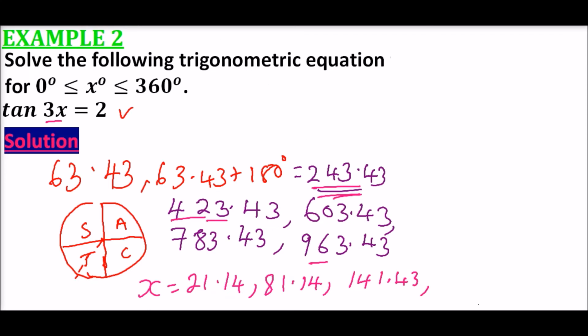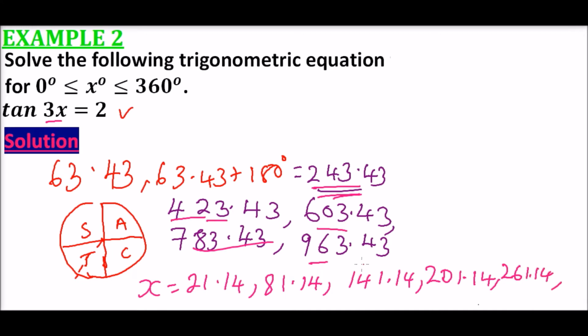Not 43, but it is 0.14. You divide 603 by 3, you get 201.14. You divide the next angle, that is 783, and you get 261.14.